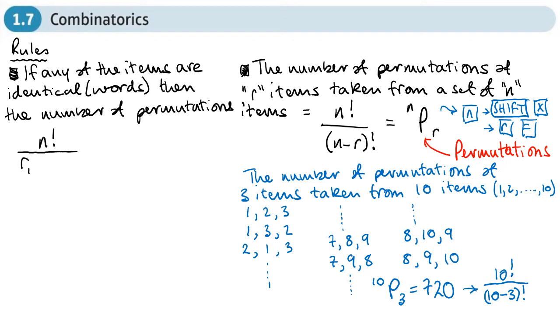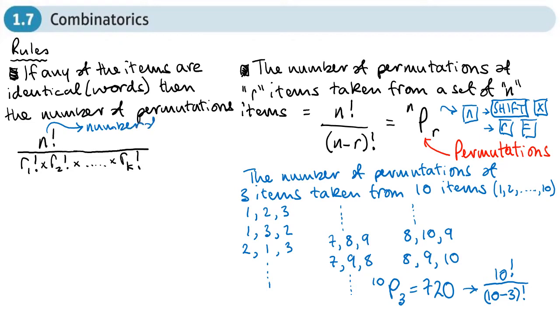now becomes this. So n factorial, where n is the total number of items, including the repeated ones, divided by this. Now I'll explain this in a moment. So r1 factorial times r2 factorial times, I'll just put ... up to rk factorial here.